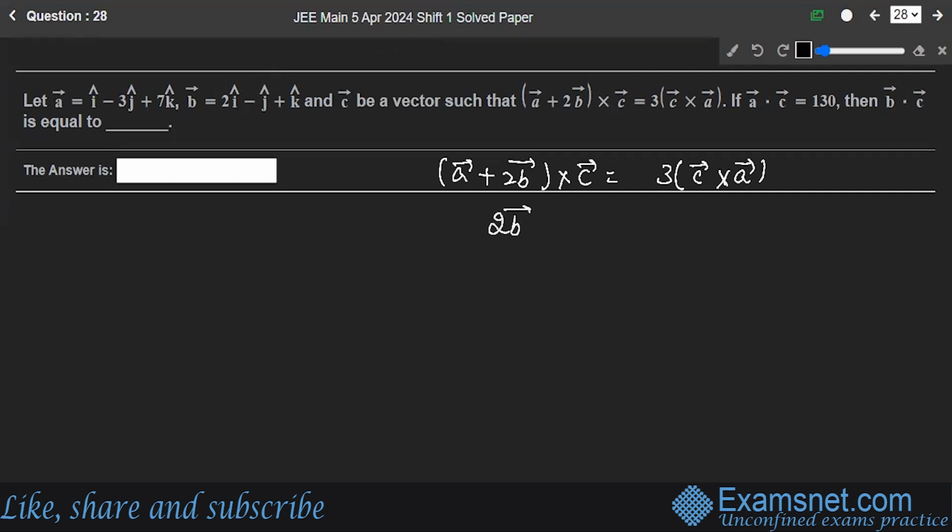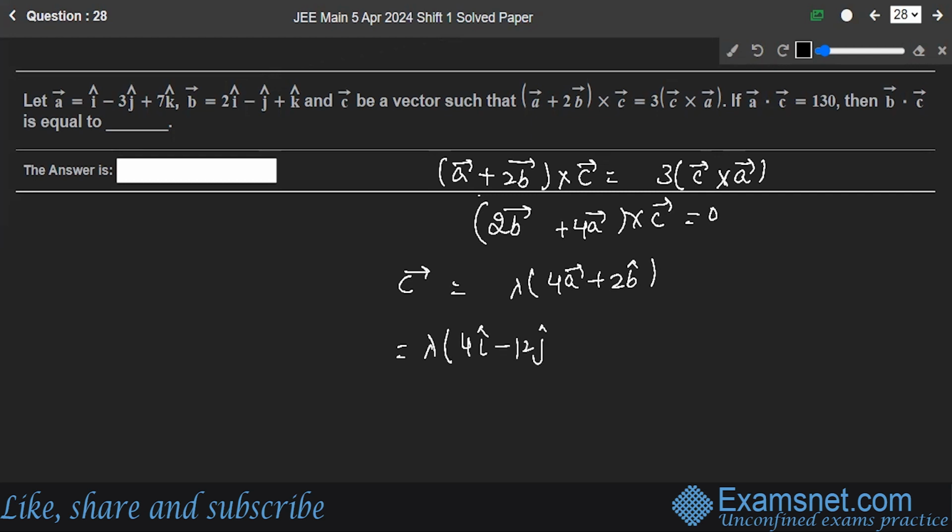This will be 2B vector and here will be 4A vector cross C vector will be equal to 0. So let's say C vector is equal to some lambda into 4A plus 2B vector.